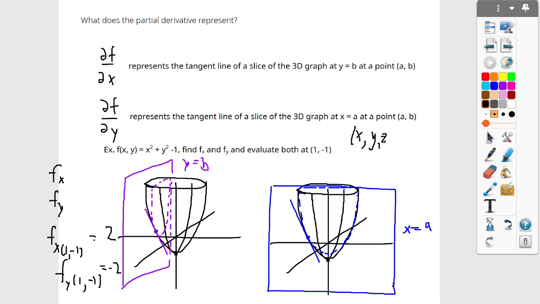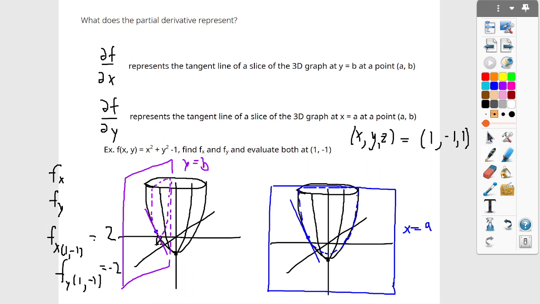x, y, z at 1, negative 1. So we got our x and our y, so we can find f of x, y, which is 1, negative 1, 1. That represents the point right here. Oh, I'm sorry, that's a little bit out. 1, negative 1, 1.